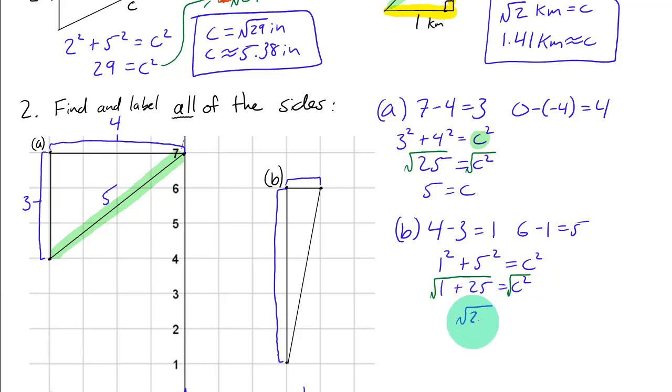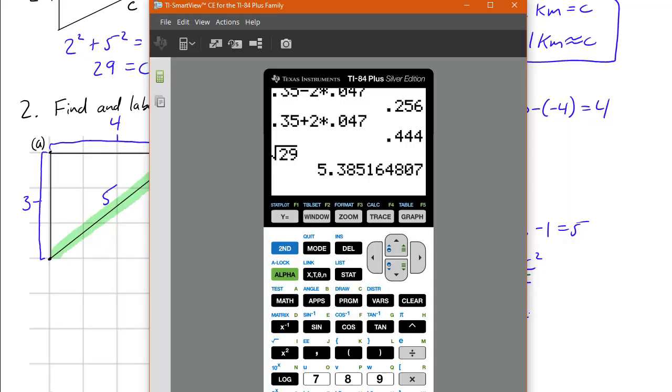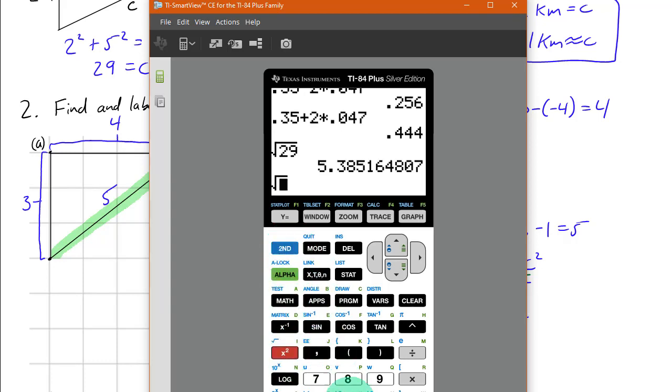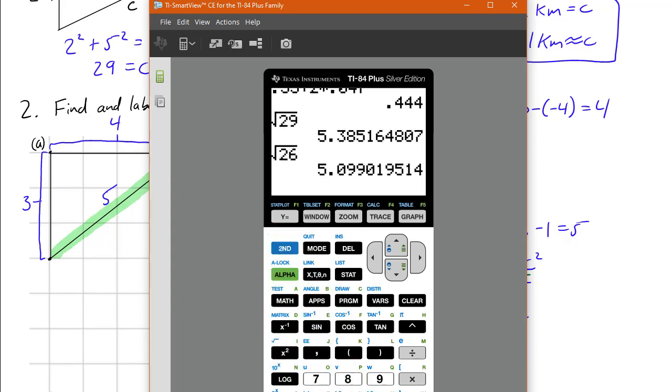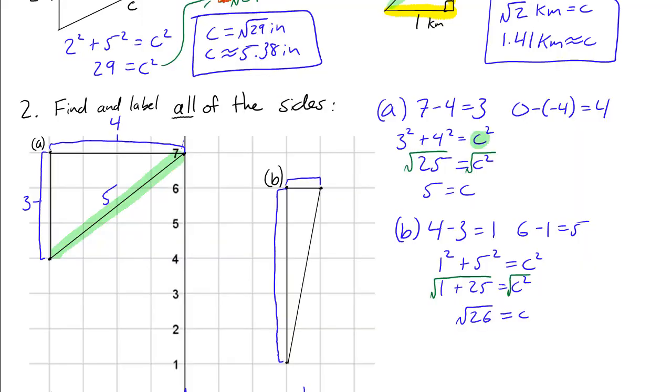And again, I'm ignoring the plus or minus because you can never have a negative distance on the other side. So we're just talking about the square root of 26 is c, which is just a little bit more than 5. 5.1 about.